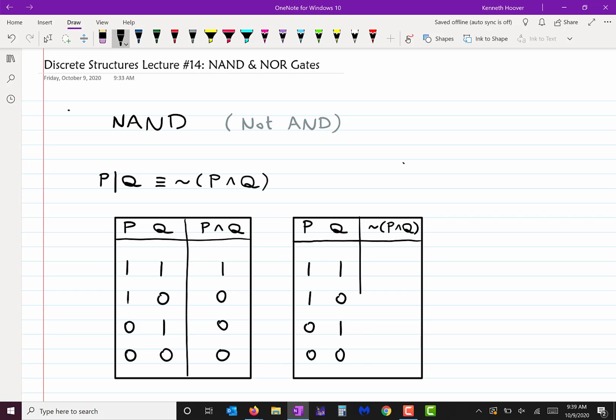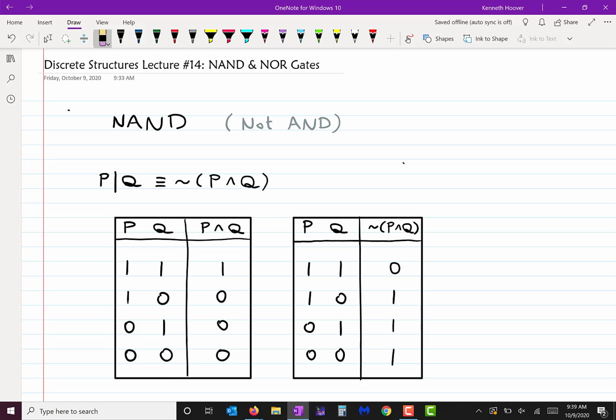All we have to do is look here and then just switch any 1 to a 0 and any 0 to a 1, and then we get the input-output table for the negation of P and Q.